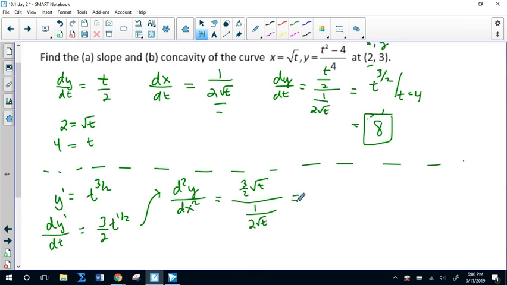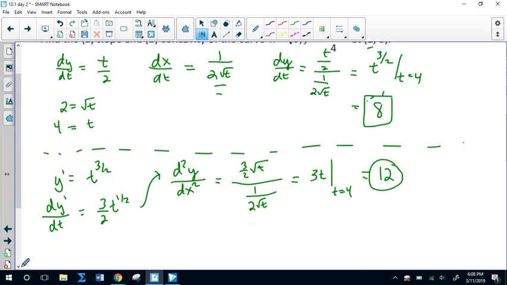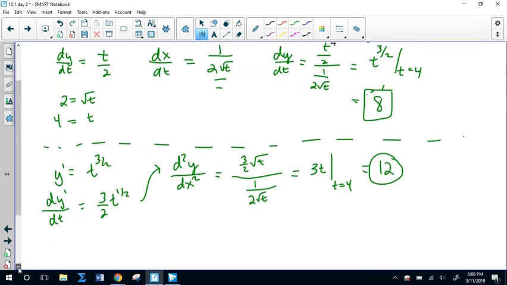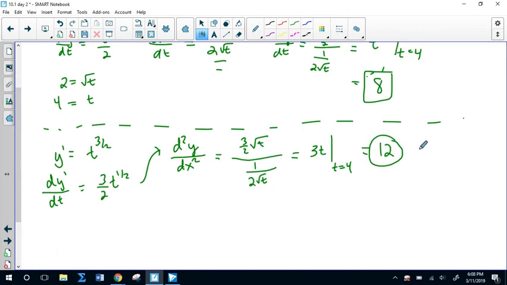And so when I simplify this whole thing out by multiplying by the reciprocal, I get 3t. And remember, we're still evaluating this at t equals 4. So the second derivative is equal to 12. Now we just have to remember what that means, going way back to earlier in the year. It's like a chapter 4 concept. So when the second derivative is positive, you know that the graph is concave up.